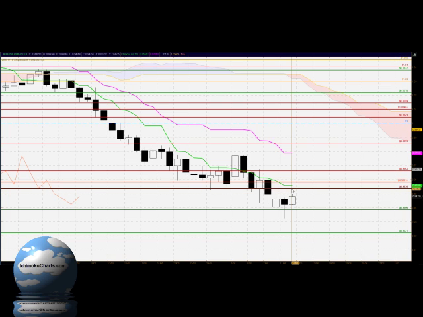So 95.36 has potential to act as very solid support resistance, as does the 95.81 level just above there. We also have the Tenkan-sen trading between those two levels, strengthening the area in a zone around that level as potential resistance for this market.